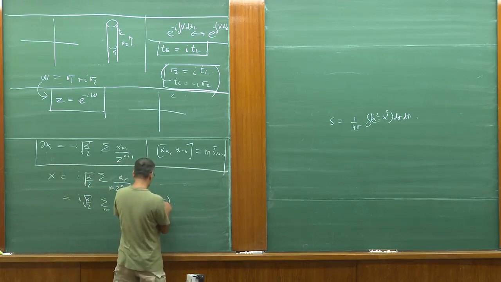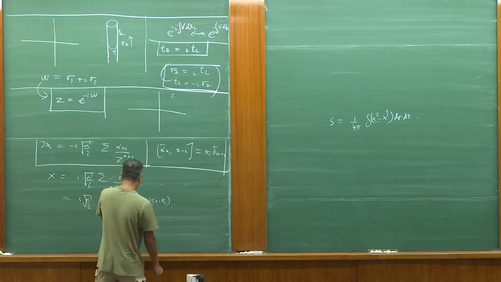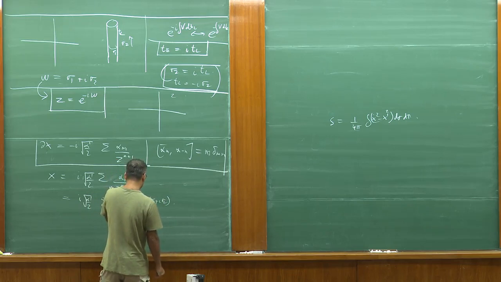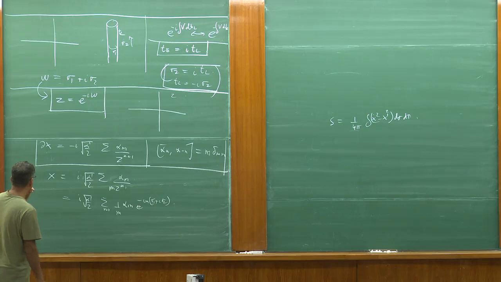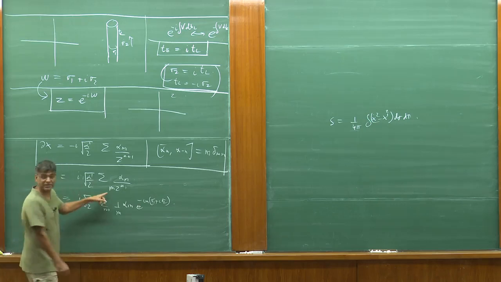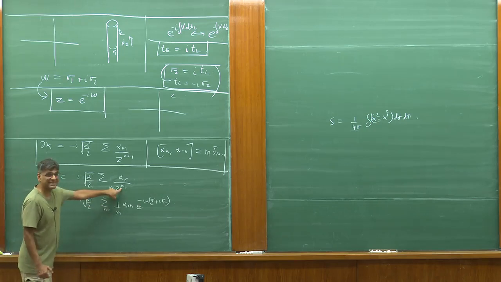Now help me get my signs right. I get plus i T Lorentzian. It's 1 by z, it's 1 by z to the power m.